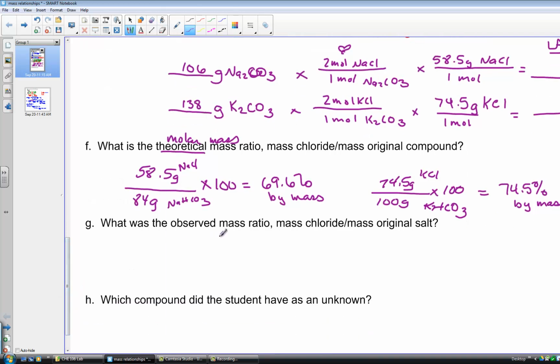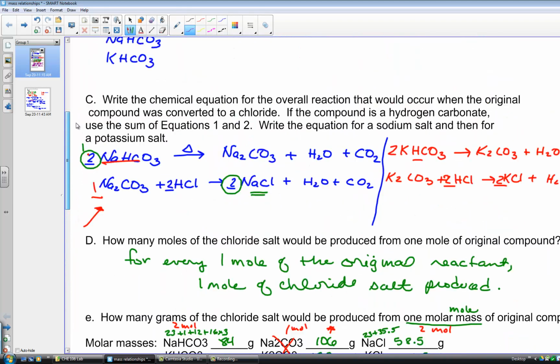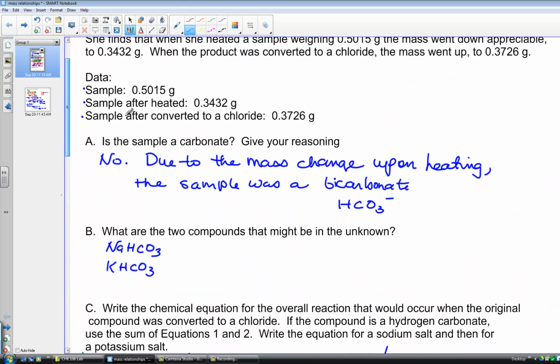The observed mass ratio, that goes back to the data table. So remember this little data table I had created way up here? This was the mass of the chloride, the final weighing. This was the mass of the original sample, the initial weighing. This is what we're going to compare.